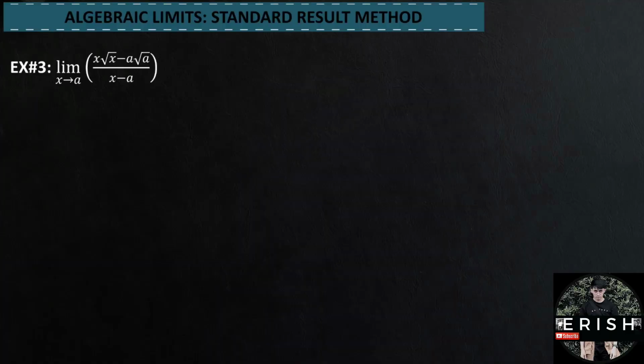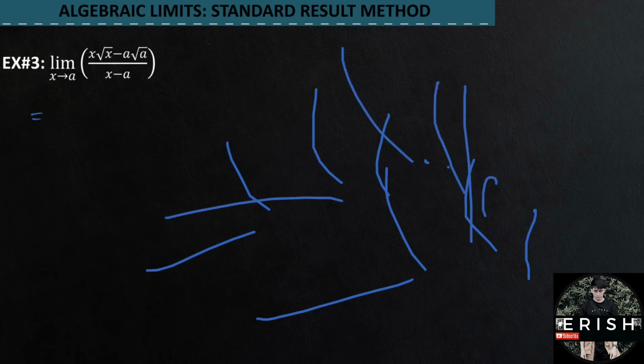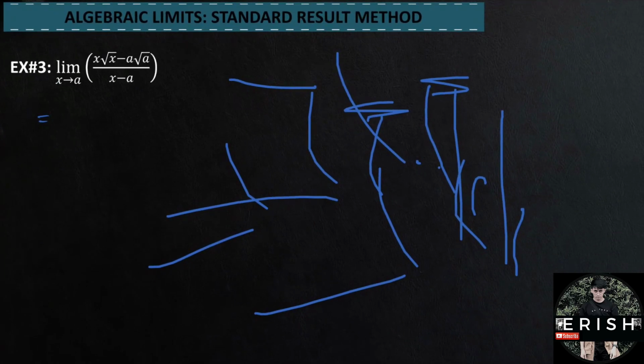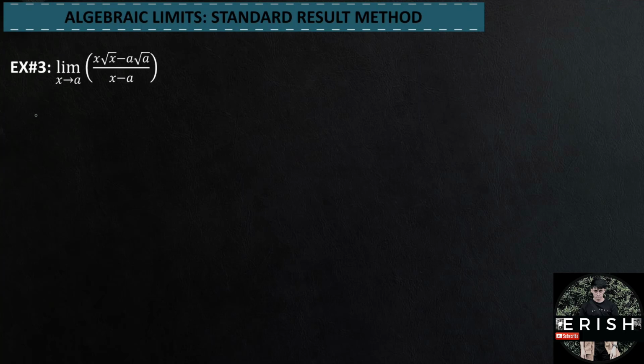Example number 3. Limits of x times square root of x minus a times square root of a over x minus a as x approaches a. Let's rewrite the problem. Limits of x times square root of x minus a times square root of a over x minus a as x approaches a.